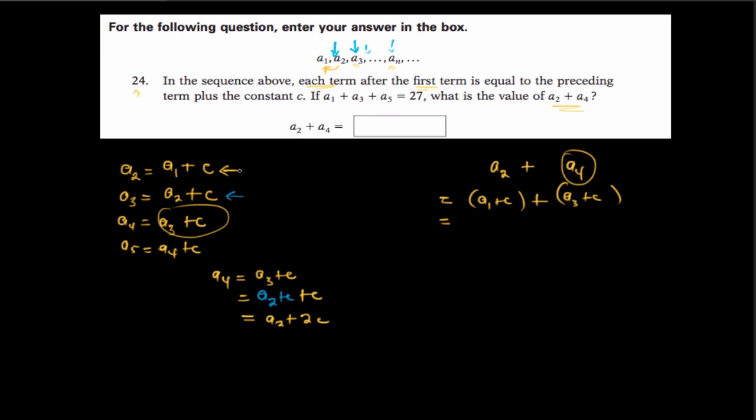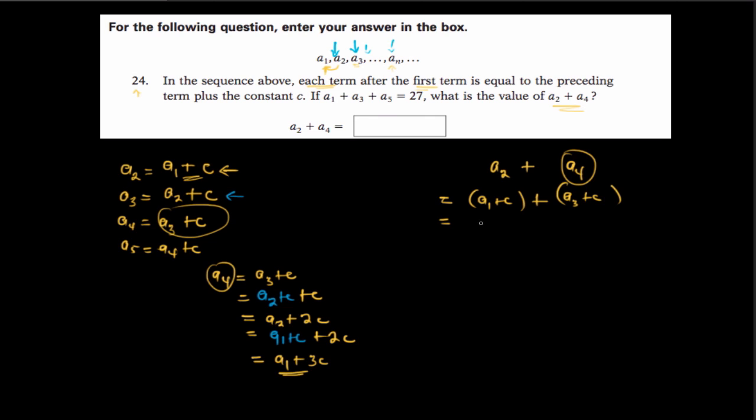And then similarly you have A2 to be A1 plus c, so this is A1 plus c, then plus 2c. So this is just going to give you A1 plus 3c. So this is my new value for A4. My A4 is A1 plus 3c.